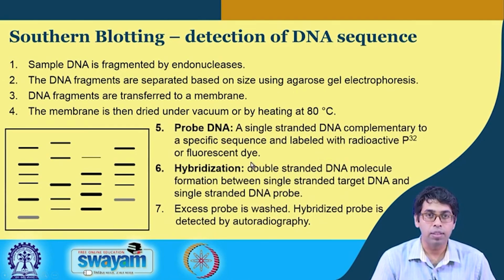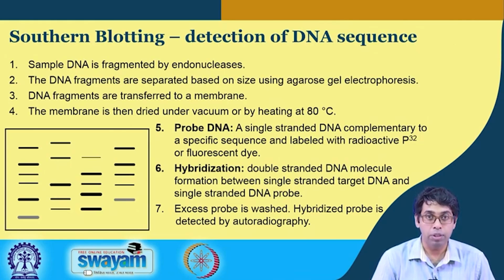Once you have your DNA samples transferred to the membrane, there are several things that we do. The next step is use of a probe DNA. This probe DNA is a single stranded DNA which is complementary to the specific sequence which we are trying to probe. So we want to know whether a particular sequence is present in our sample or not.